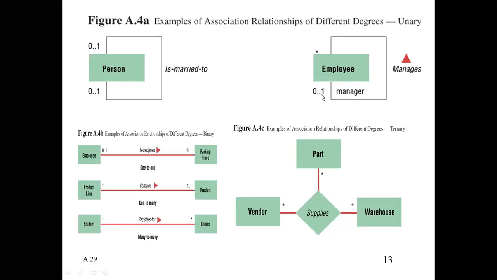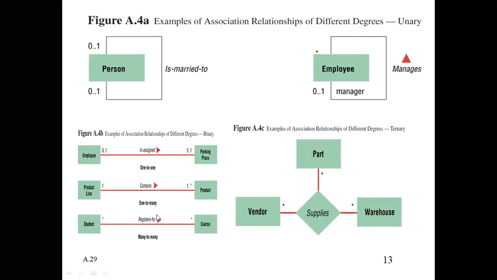Either there is a manager or there is no manager. If there is no manager, there are only employees. If there is one manager, the manager is managing n employees; the asterisk represents n number of employees. Manager manages employees.